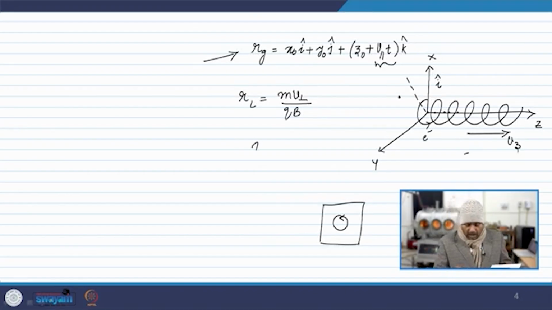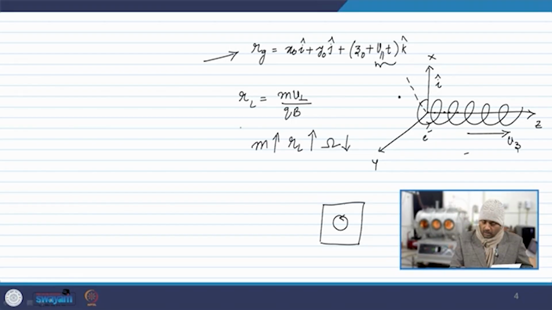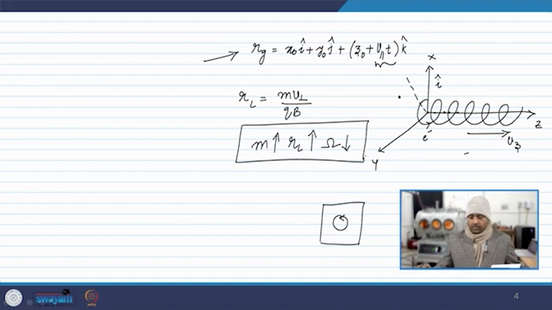So, as m, the mass of the particle, increases, RL will increase. How about omega? Omega is qB by m, so omega will decrease. This is a beautiful relation which takes care of many things in plasma physics. We will explore this at multiple stages in our discussions. So, the mass is inversely proportional to the frequency, but directly proportional to the radius.